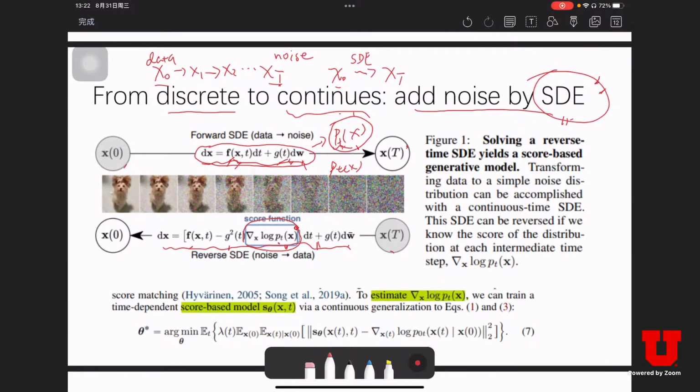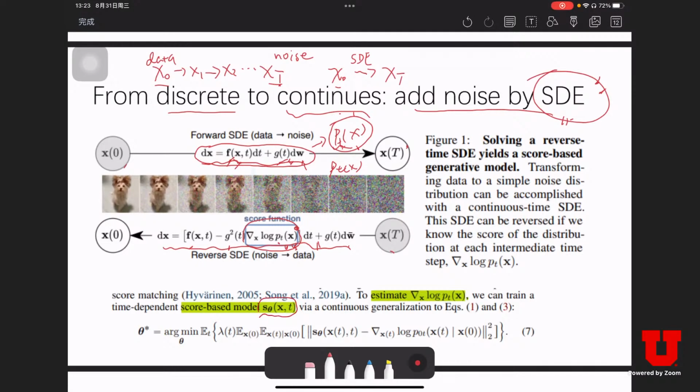The idea is the same. Given the forward process, given the backward process, we want to use something to approximate this score function. So the formula will be like this one.